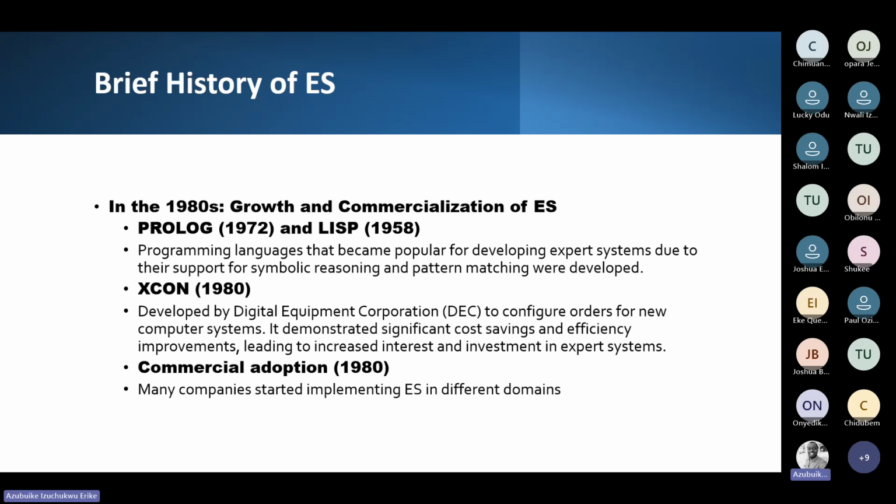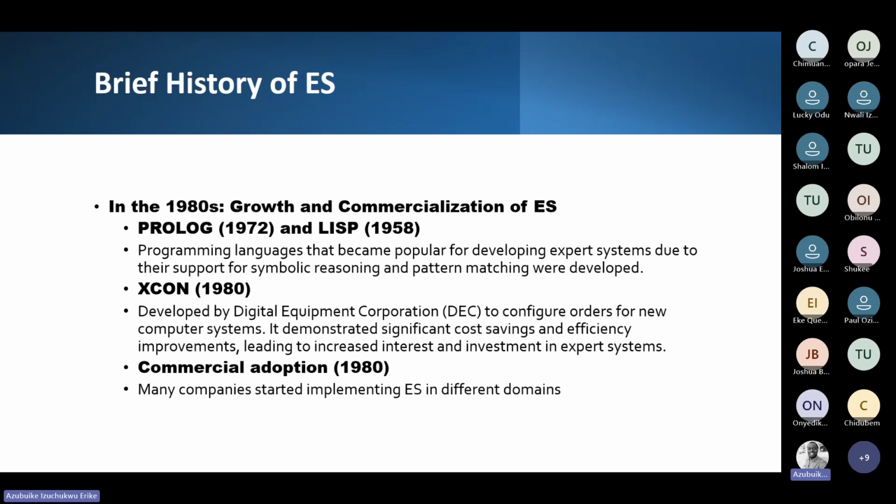Okay, so around 1980, the XCON was developed by Digital Equipment Corporation to configure orders for new computer systems. The system they developed demonstrated significant cost savings and efficiency improvements that led to increased interest and investment in the domain of expert systems.